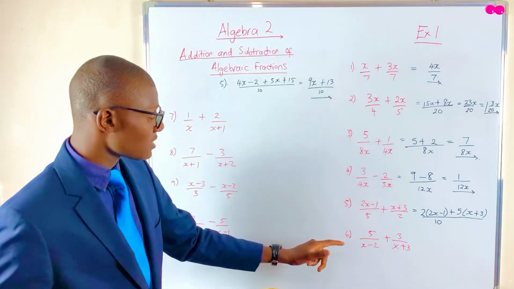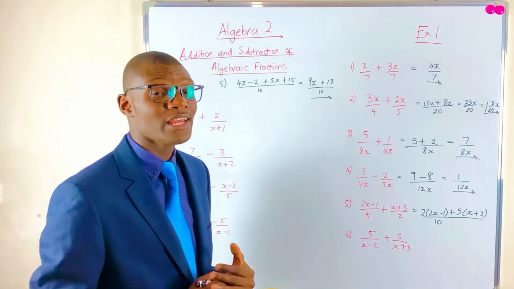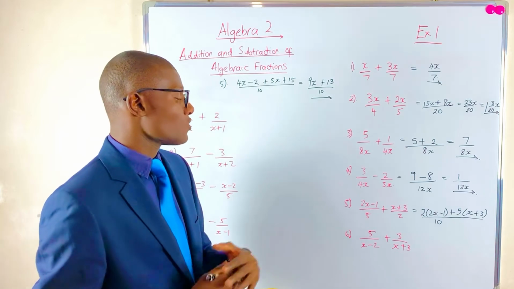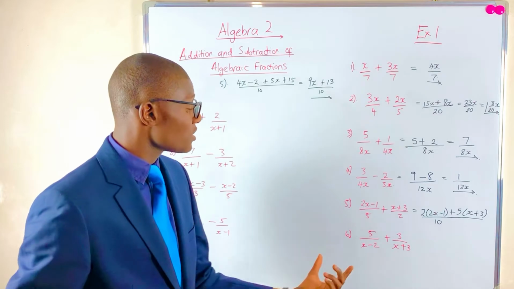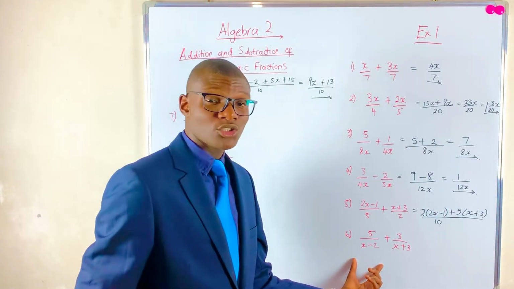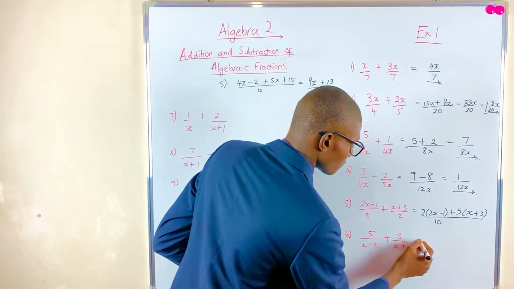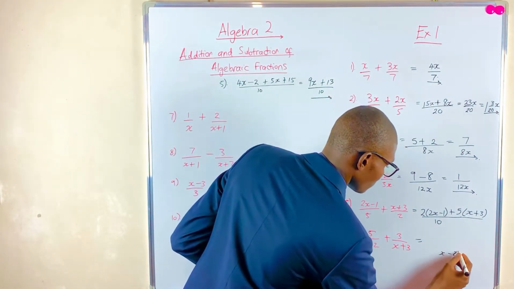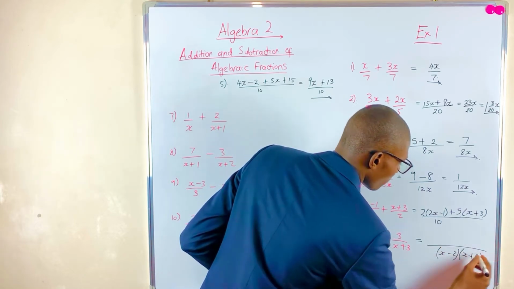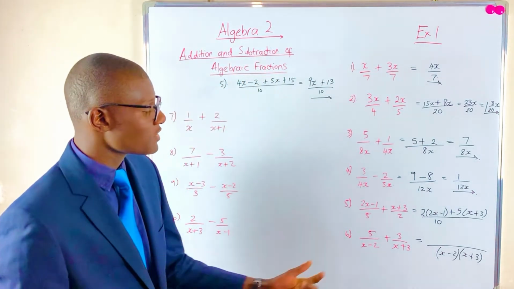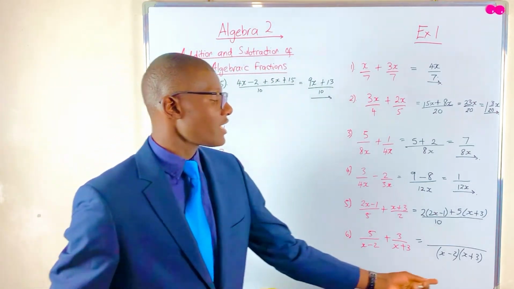And then moving on to number 6, we've got 5 over x minus 2 plus 3 over x plus 3. Now, finding the common denominator, which is the lowest common multiple, we shall say this would be x minus 2 times x plus 3. So x minus 2 times x plus 3 being the common denominator, such that x minus 2 into x minus 2 times x plus 3 will give us x plus 3.